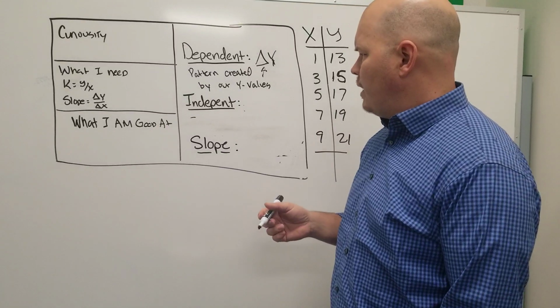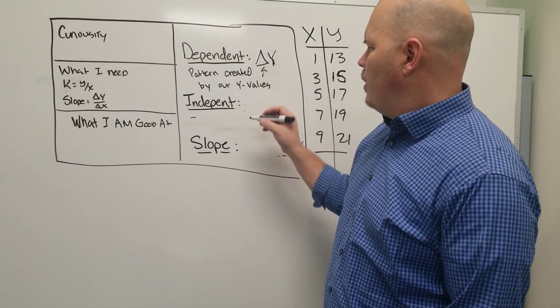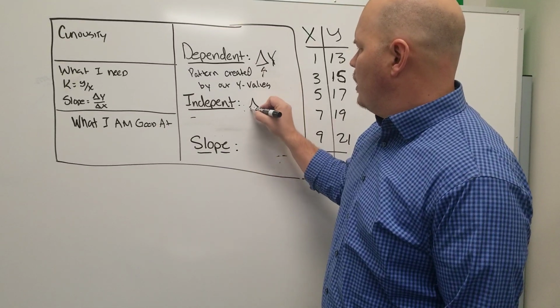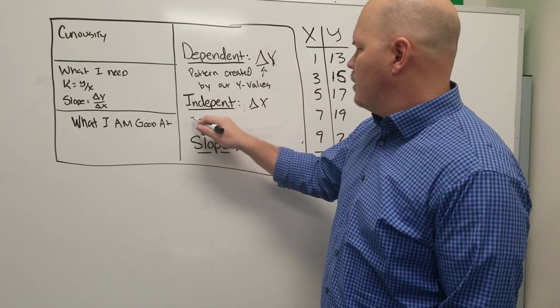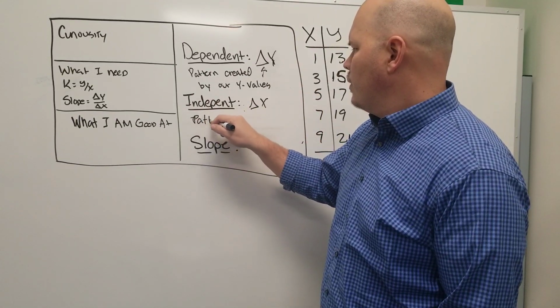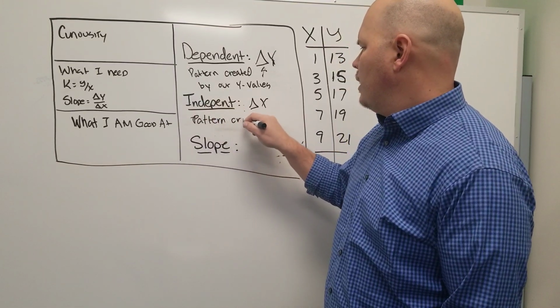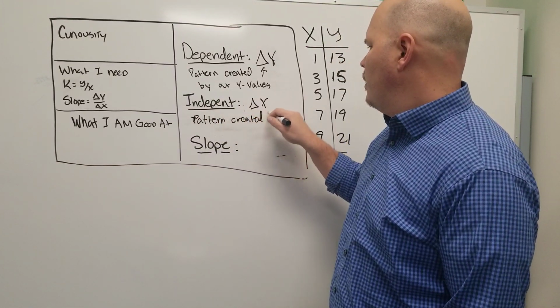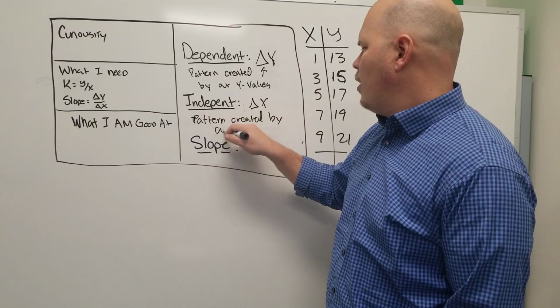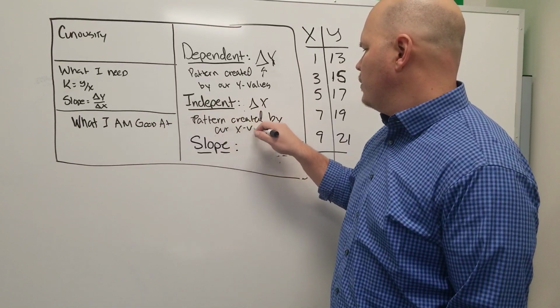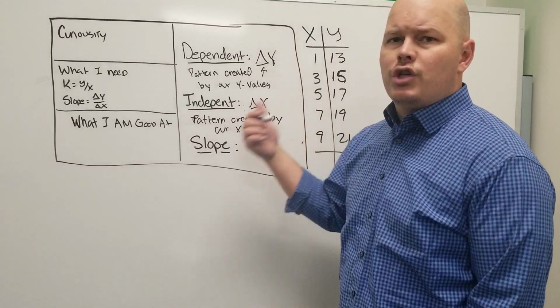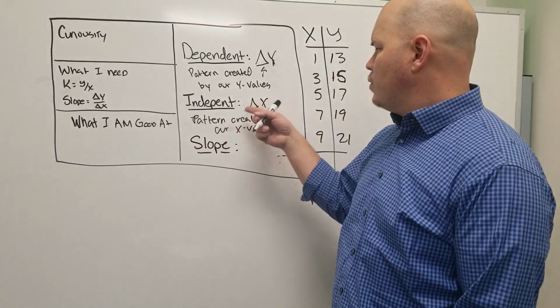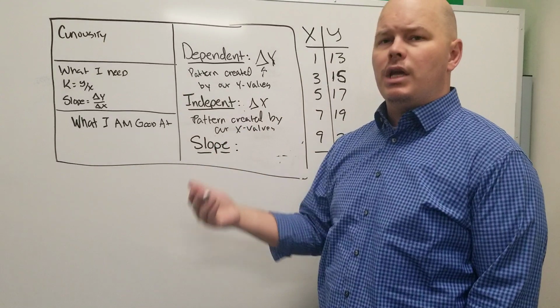And our independent variable was the change in X, which was the pattern created by our X values. And again, that little triangle Y just means change in Y, and that little triangle X just means change in X.